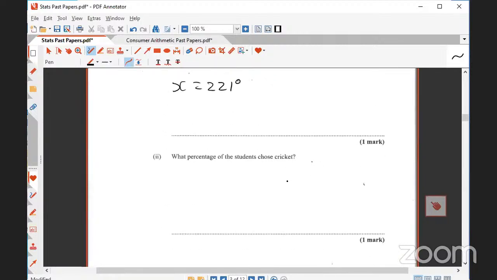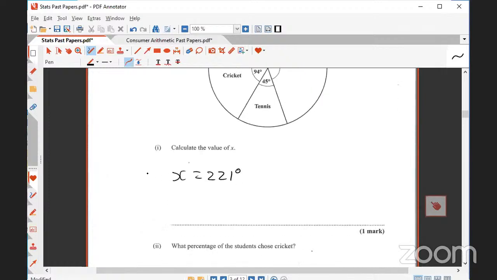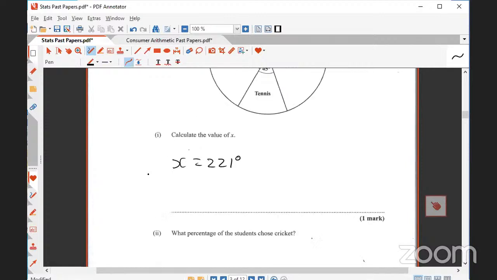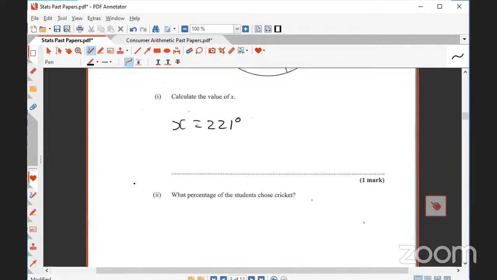What percentage of the students chose cricket? What did we get for the percentage again? Was it 54? No, not 54. What did we get for cricket again? Or was that what we're working on? No, we're working on the total percentage of students who chose cricket. 94 over 360 times 100.